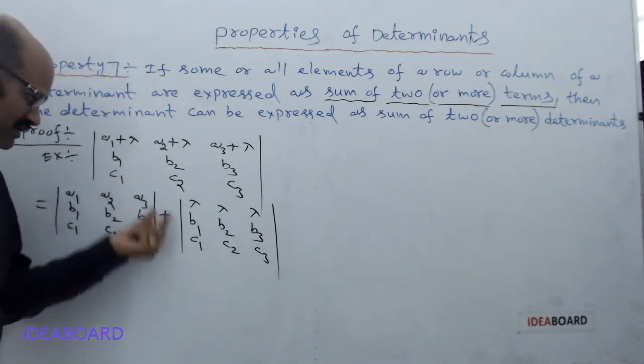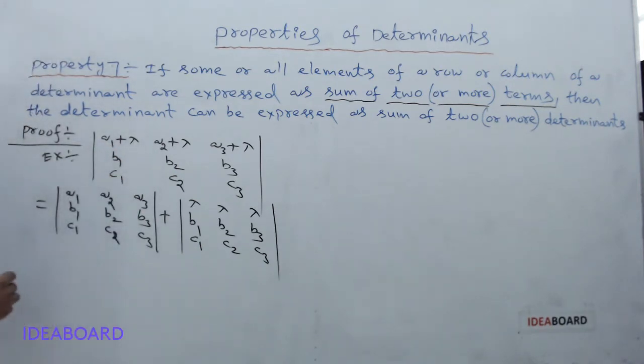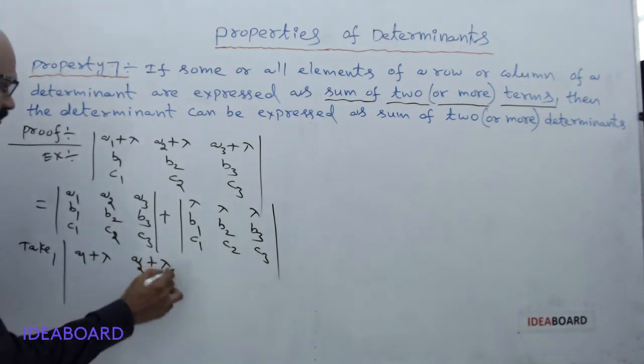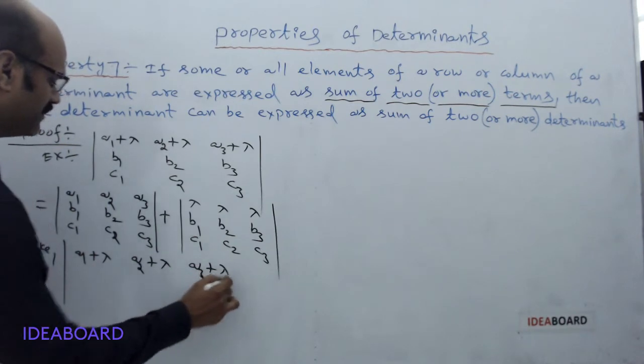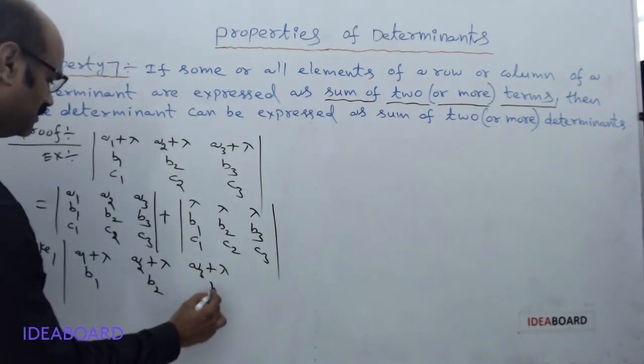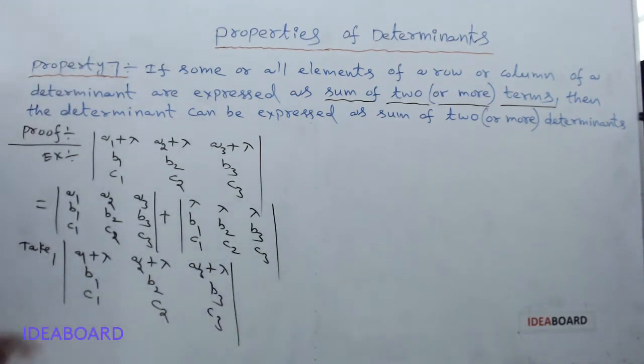Now we have to prove LHS equal to RHS here. Take determinant of a1 plus lambda, a2 plus lambda, a3 plus lambda, b1, b2, b3, c1, c2, c3. Now expand along R1.